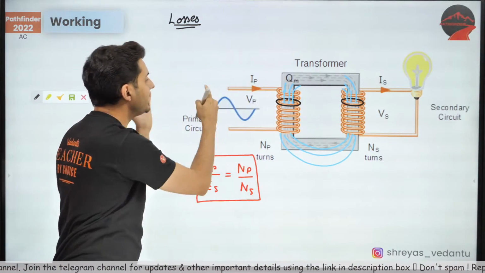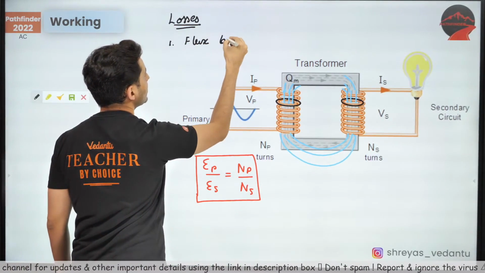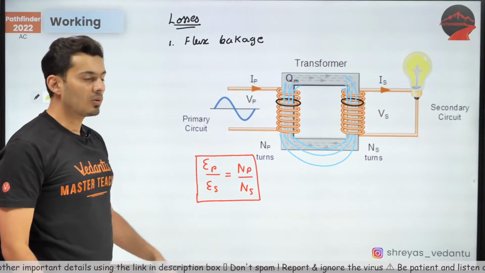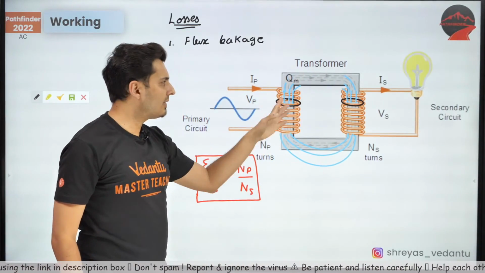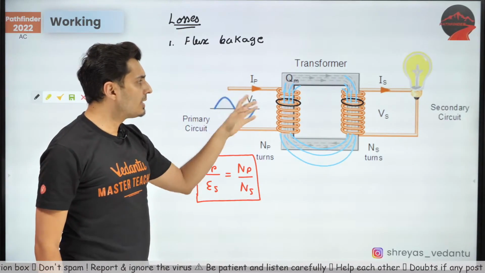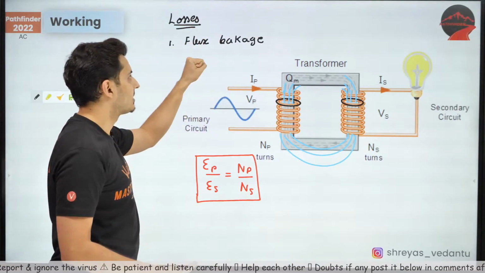One is the flux leakage: the flux itself gets leaked out. If some of the lines do not faithfully go inside, you will definitely see some amount of energy being lost into the surroundings. That's one kind of loss which you need to minimize.